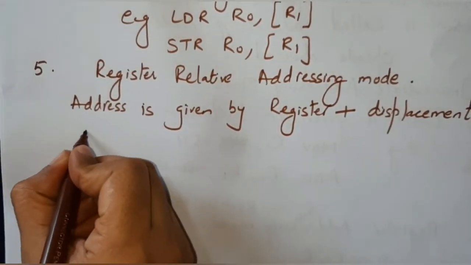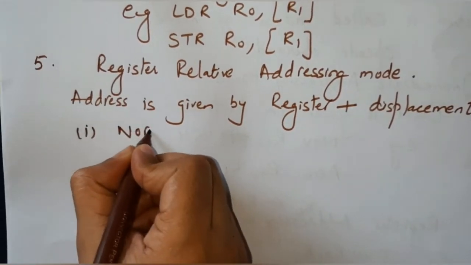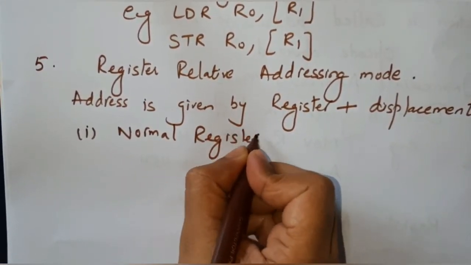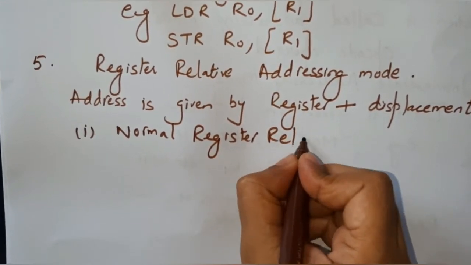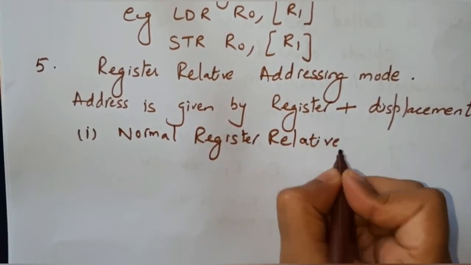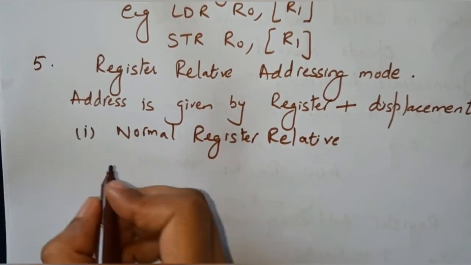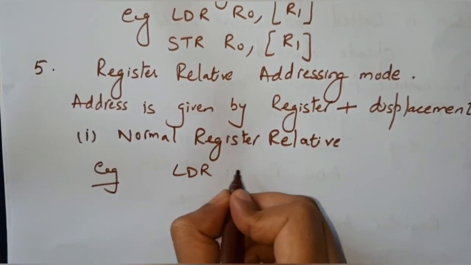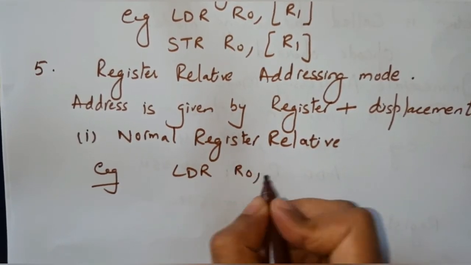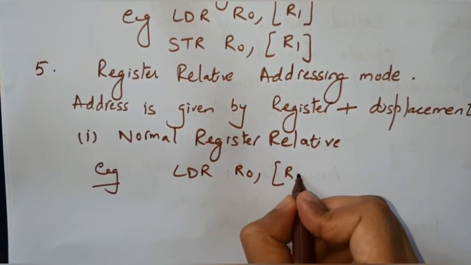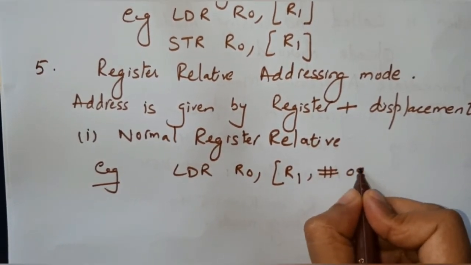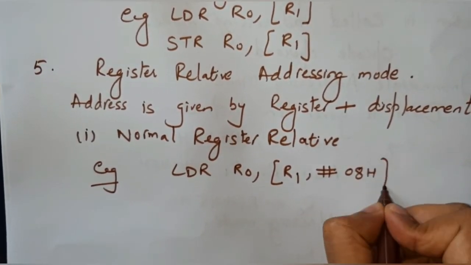First part is normal register relative addressing mode. So example we take LDR R0, [R1, #08].